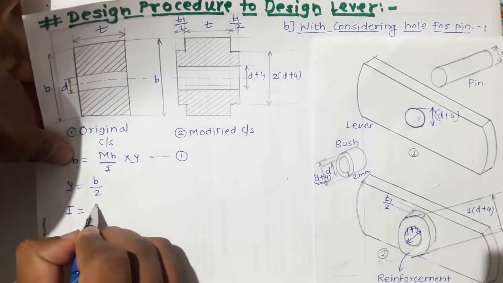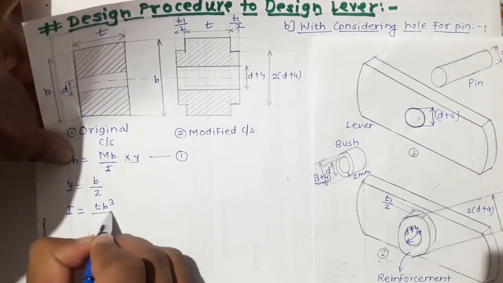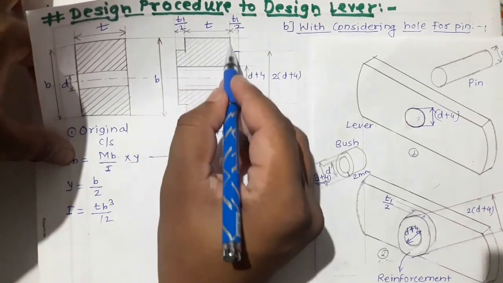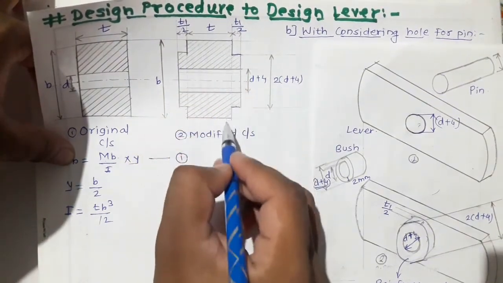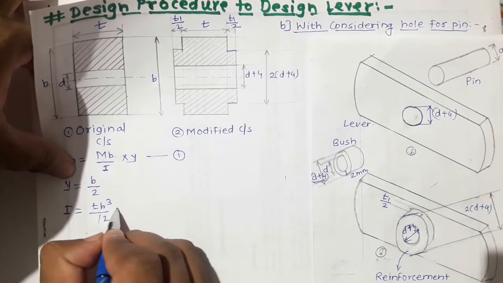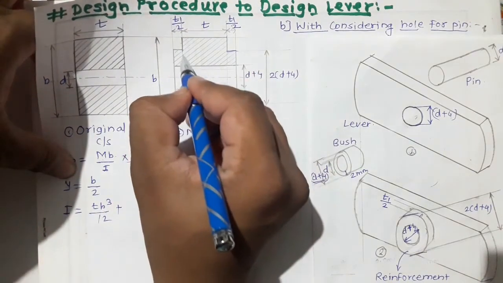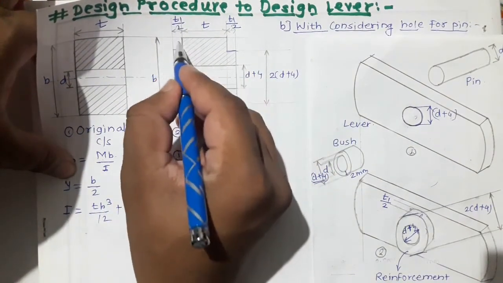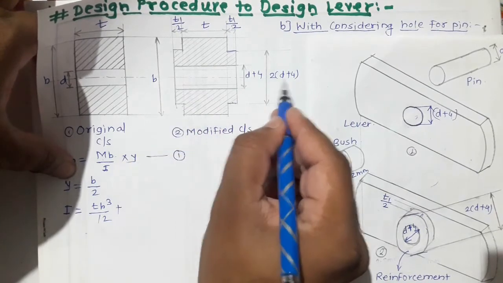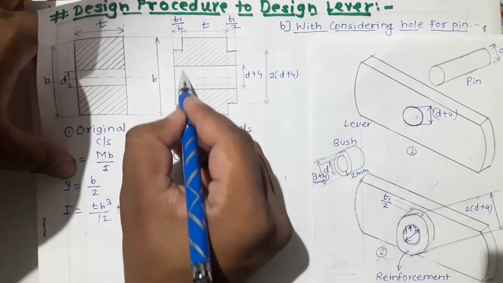So the middle portion has moment of inertia TB cube upon 12, thickness T, width B, by considering it solid. Plus consider this small rectangle having thickness T1 by 2 and width twice D plus 4. Again, this is a rectangular area.